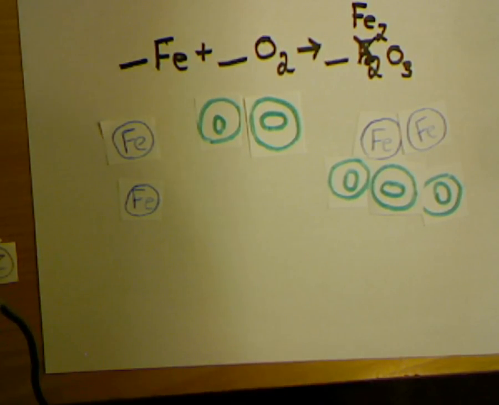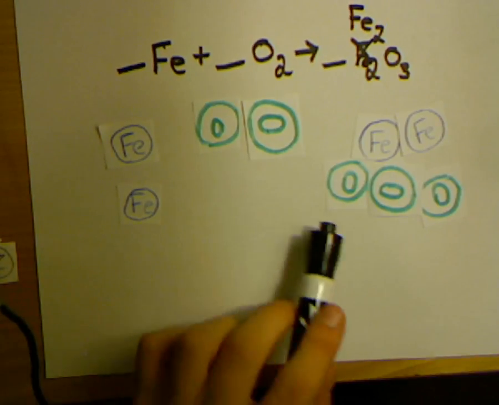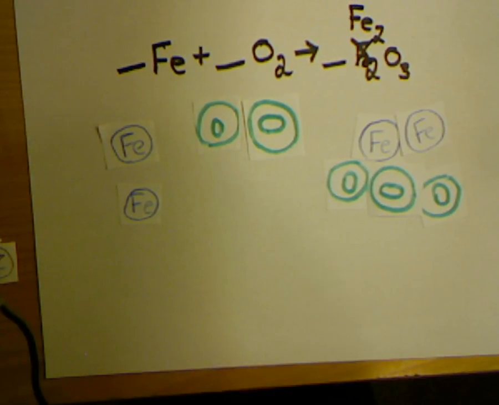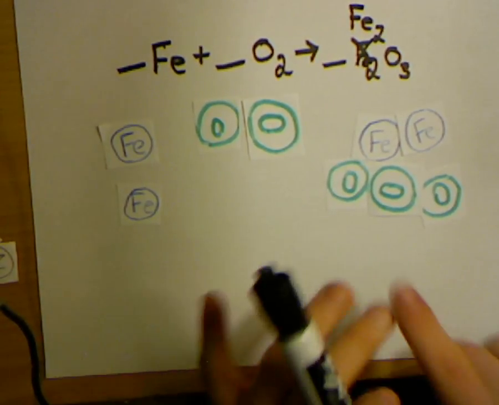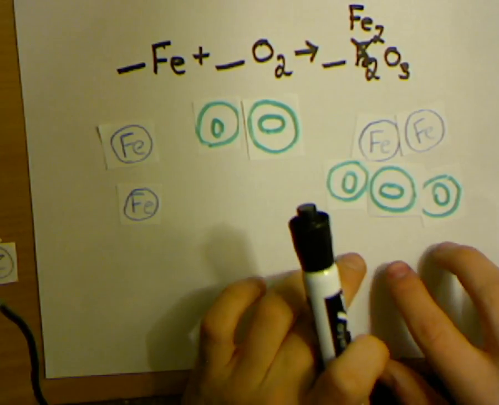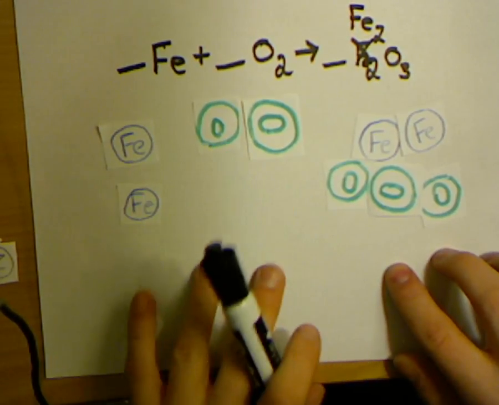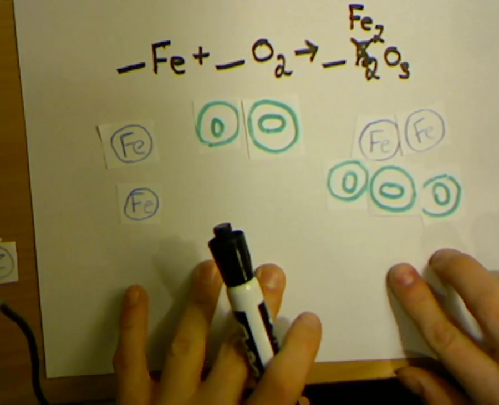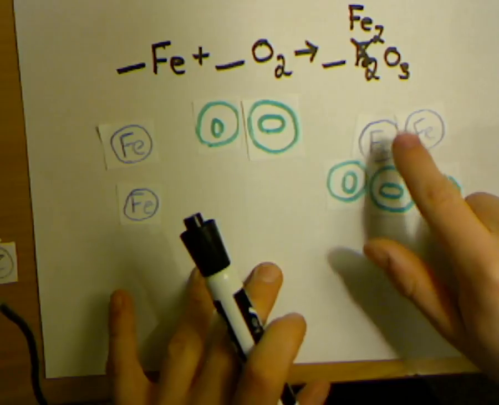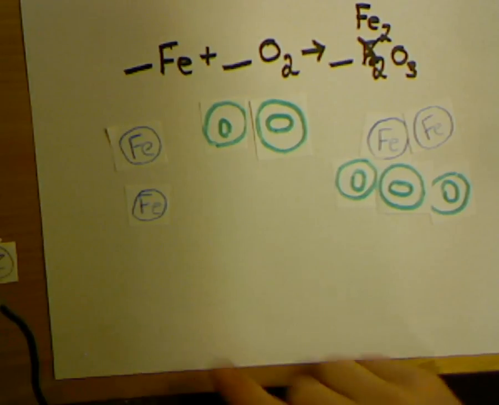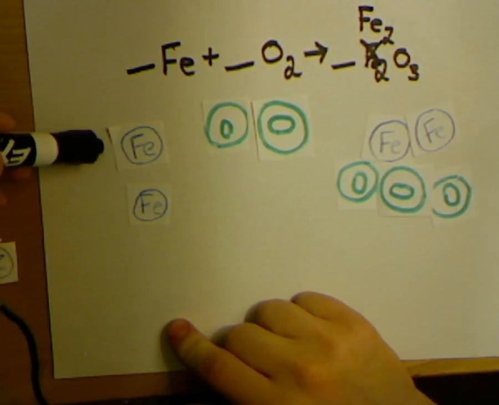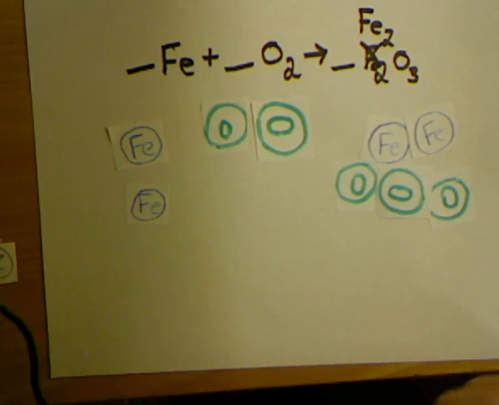And so now we only have to balance out our oxygens. I notice that if we can put 6 oxygens on this side and 6 oxygens on this side, oxygens will balance. But that would mean we would have 4 irons. But that's simple. We just add 2 more irons over here.